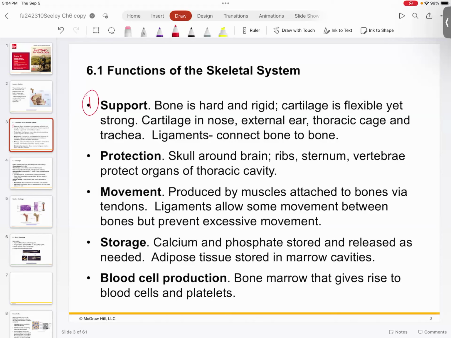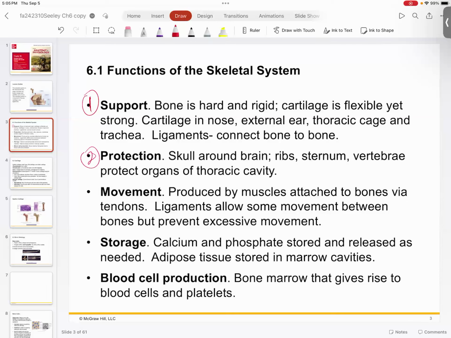Cartilage is flexible, so you have a little bit of pliability there, and it's also for connection. So they're all supportive processes, and the specific level of support depends on the hardness of that particular tissue. But it's all supportive. We tend to identify the skeleton with support.